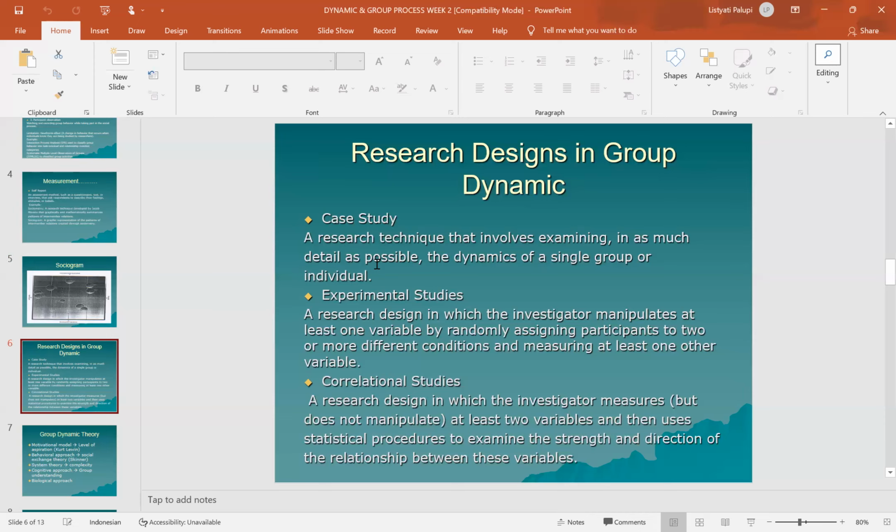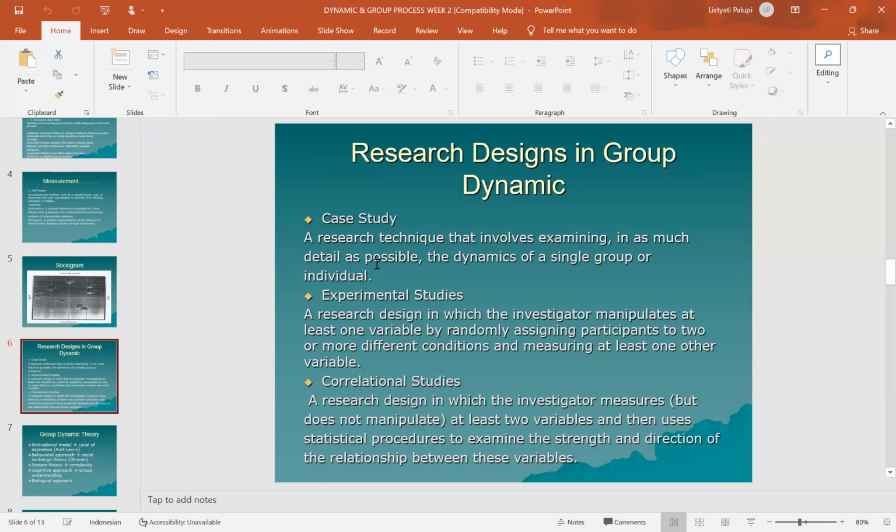The next research design that is also implemented by scholars in group dynamics is experimental studies. In experimental studies, the researchers manipulate at least one variable. So there are manipulations in experimental studies. One of the famous examples is the Milgram experiment. You've already read about the Milgram experiment, right? And perhaps some of you also made it one of your assignments submitted last week.